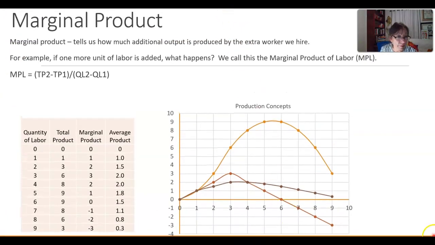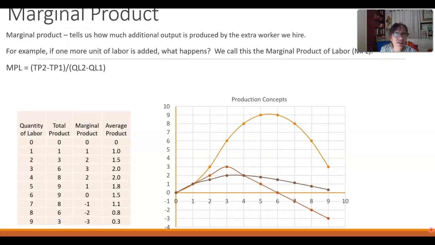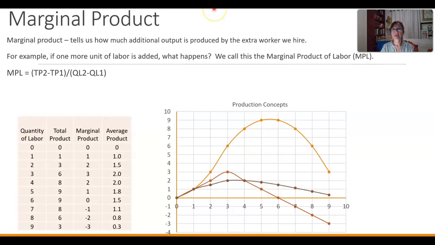Okay, marginal product, this is another important concept that you want to know. Marginal product tells us how much additional output is produced by the extra worker we hire. Okay, so now we want to know incrementally, we hired 1 more person. How much did that 1 more person add to the output?